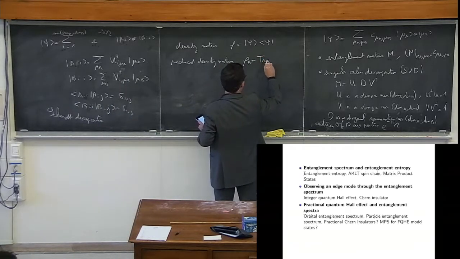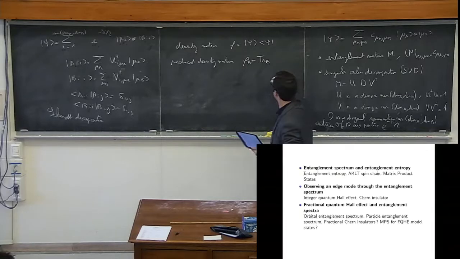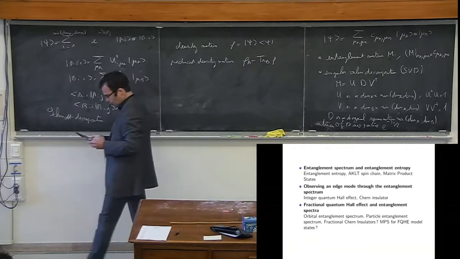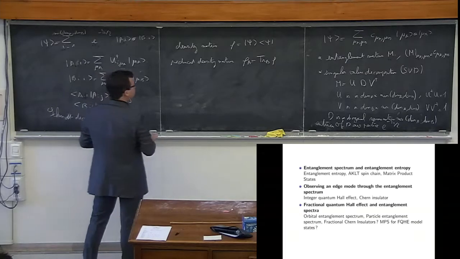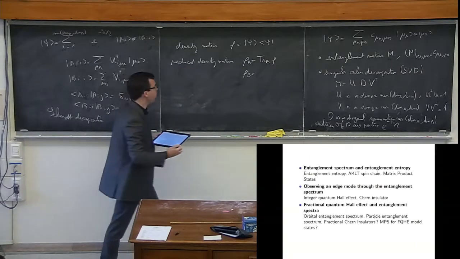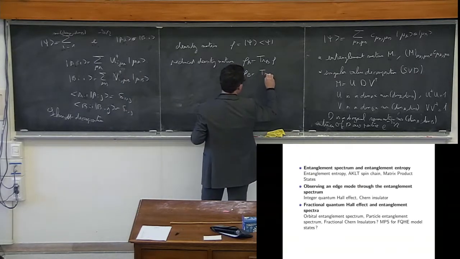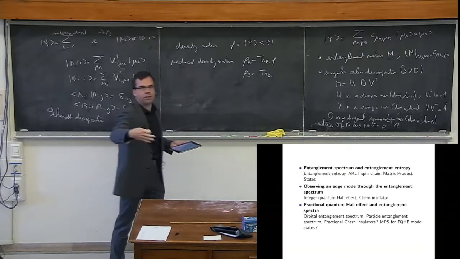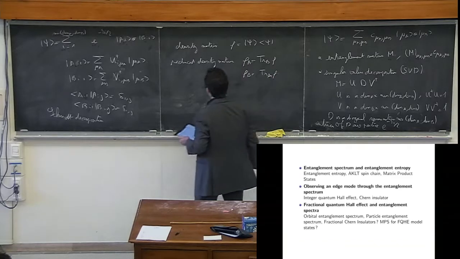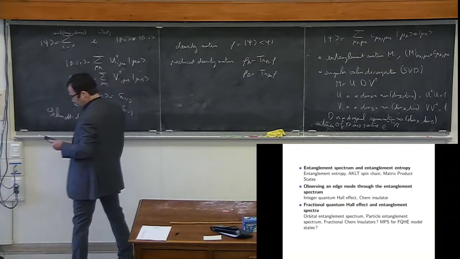So it's a partial trace over B of the density matrix rho. You can also define the same way a reduced density matrix for the part B, which would be just the partial trace over all the degrees of freedom that made your A part of the density matrix.